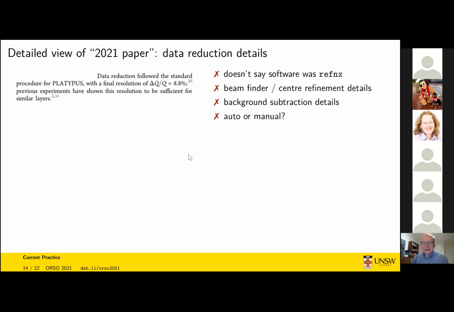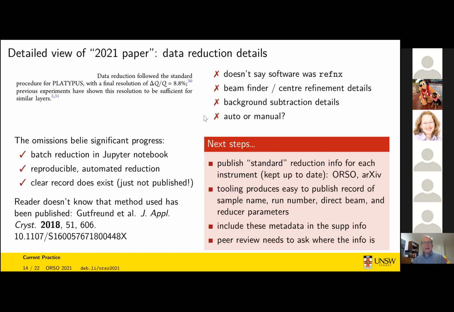The paper is short on reduction details for what was done, the fancy details of how to polish that reduction: center finding, beam finding, background subtraction. It is mostly all automatic because it's been worked on very hard by Andy Nelson, but we're not really talking about that particularly well in the paper. And this is a big omission from the paper, that we do actually have batch reduction there. It is almost all automated.